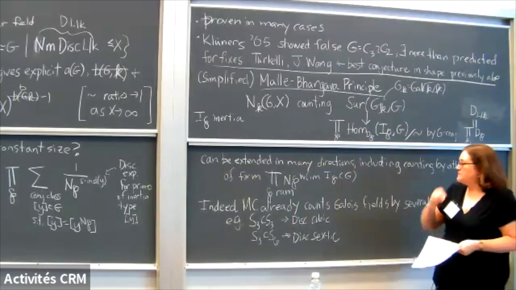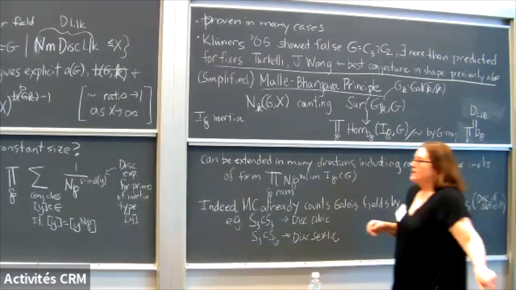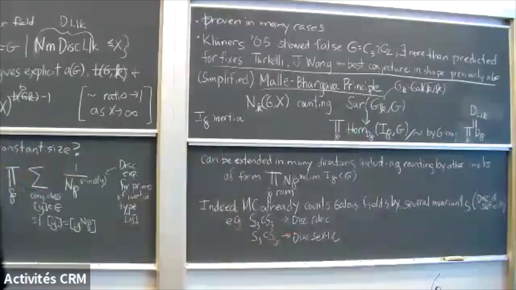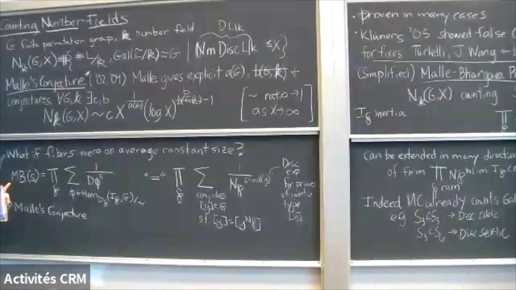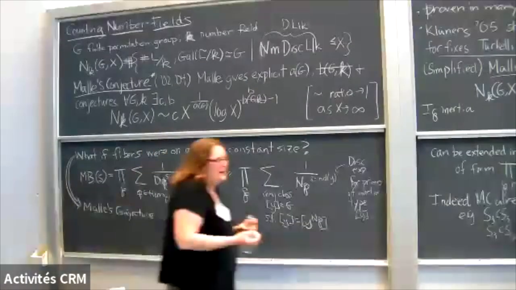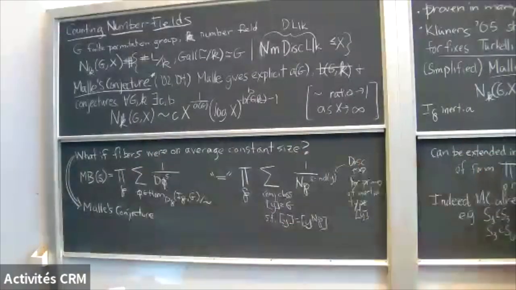So anyway, there's a strong reason that this is a principle and not a conjecture. In particular, it implies Malle's conjecture, which we said had counterexamples. So it's not a conjecture, it is a baseline way of thinking that can be refined in many directions.